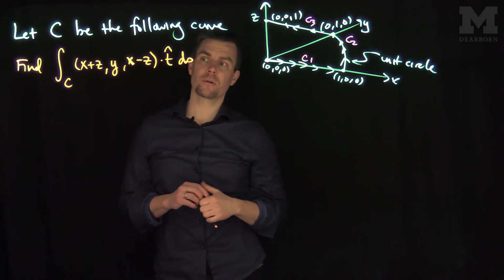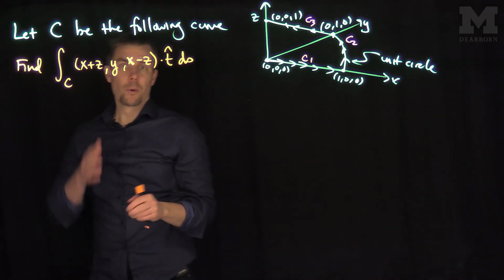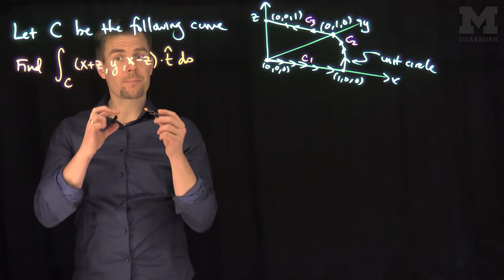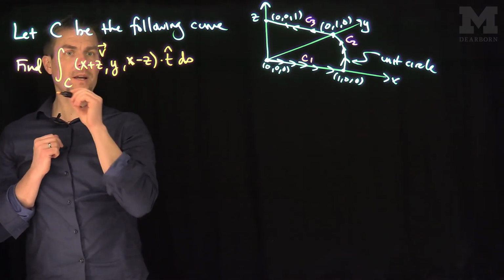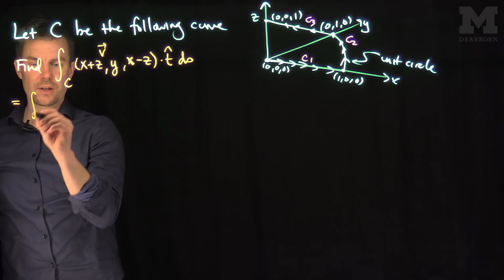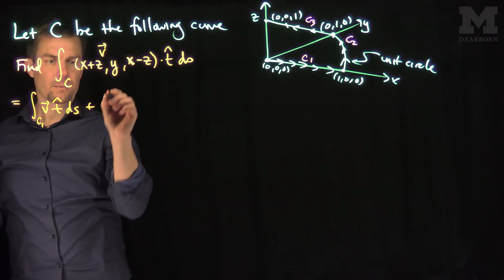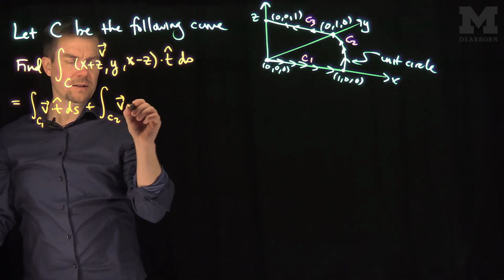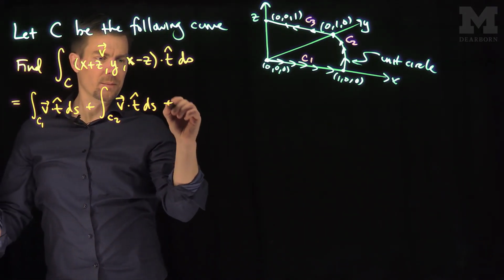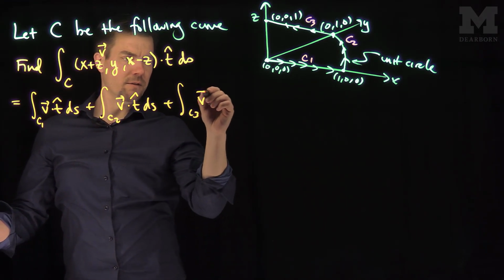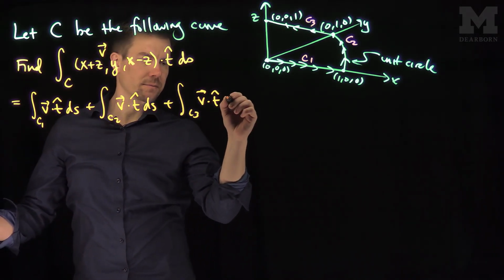Okay, that's a flow integral. Now this is actually three separate flow integrals. Let's call this vector field v. Then this is equal, by definition, to the integral over C1 of v dot t hat ds plus the integral over C2 of v dot t hat ds plus the integral over C3 of v dot t hat ds.